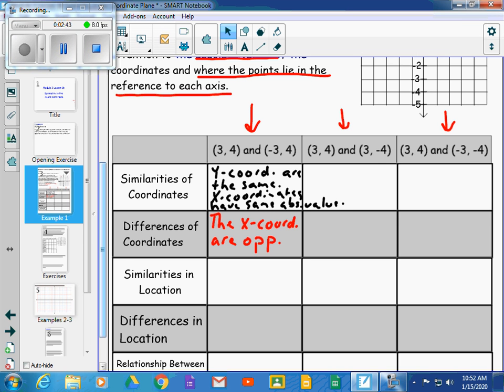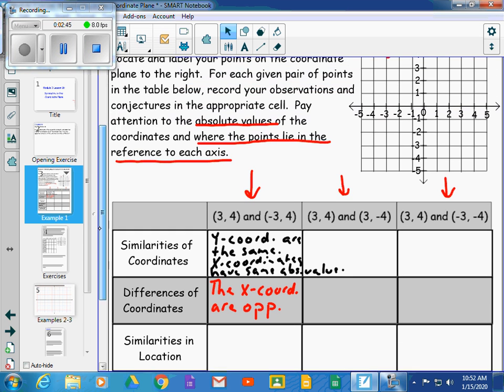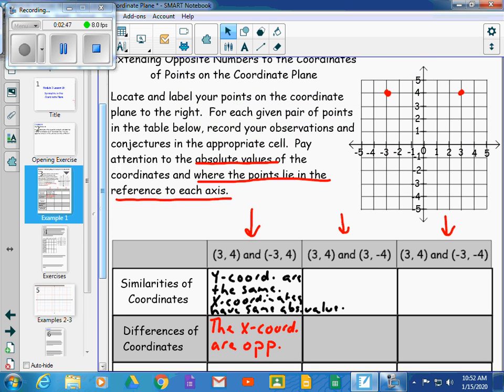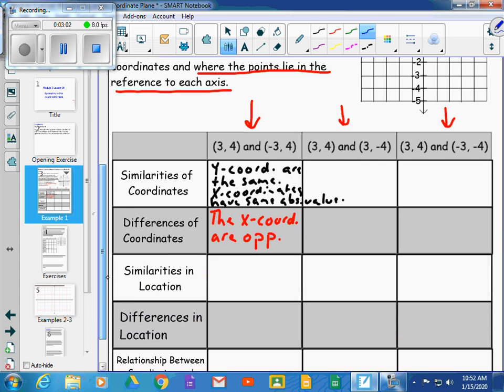Now, if we talk about the similarities in location, we're going to be looking at where those 2 points lie. We're going to compare the similarities to each axis. And if we look at it, we can see that both points are the same distance above the x-axis. You can see that both points are 4 above the x-axis.